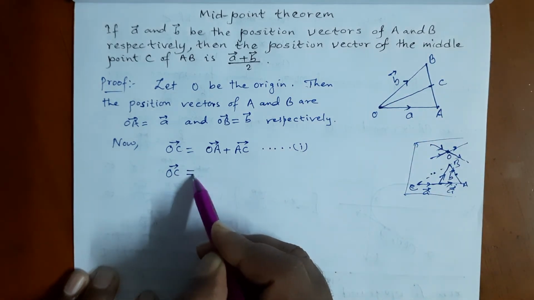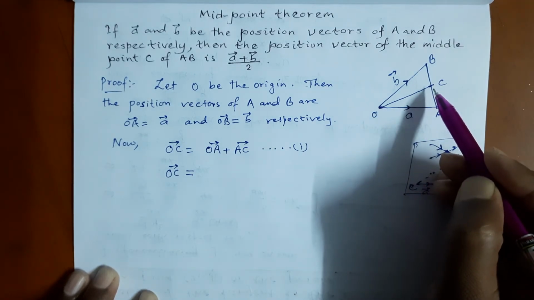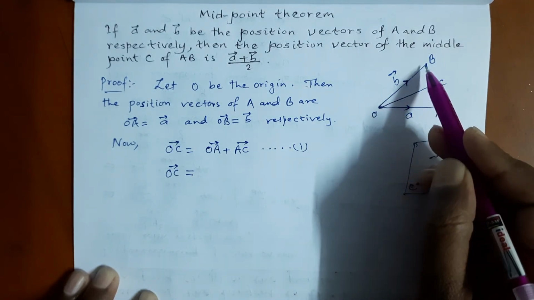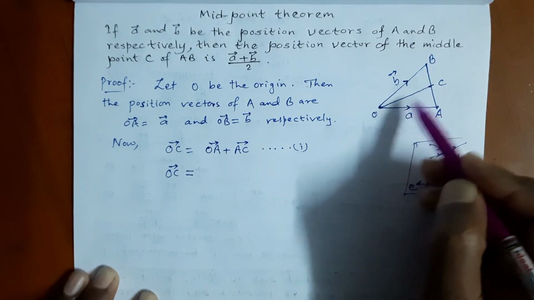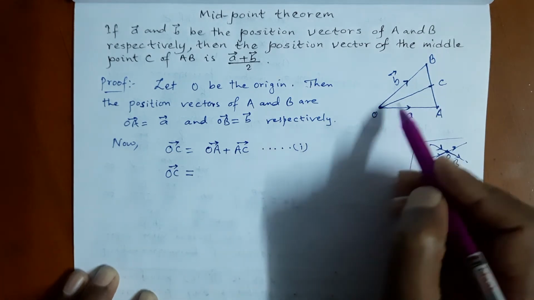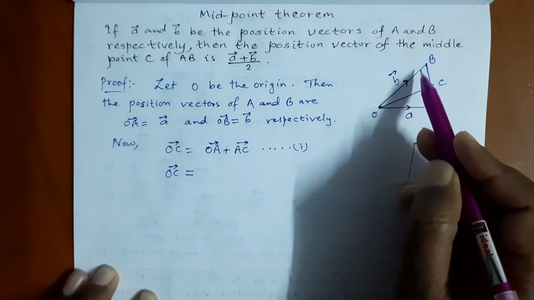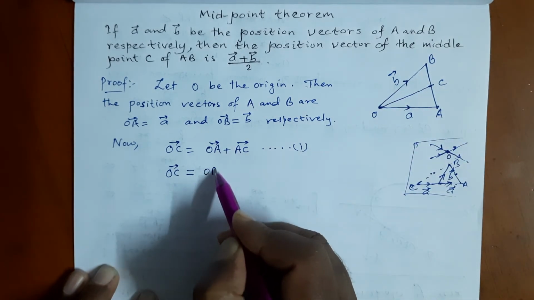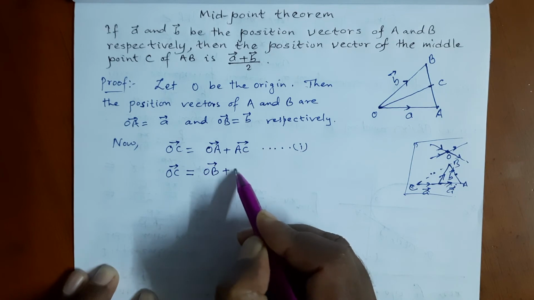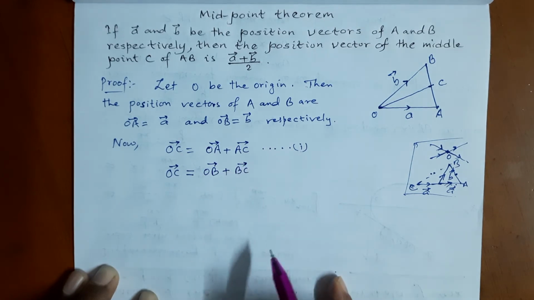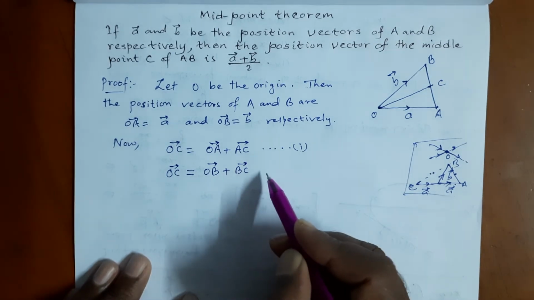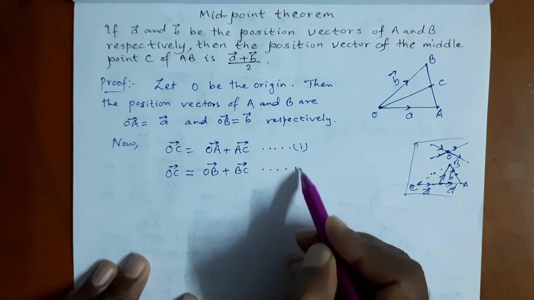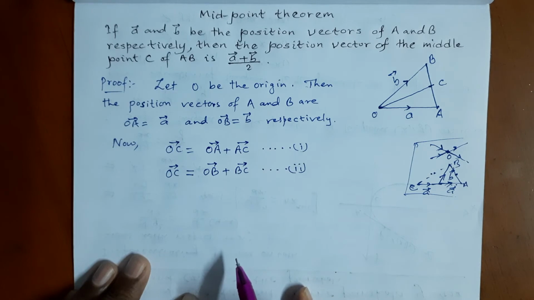In other words, going from O to C is the same as going from O to B and B to C. This is the alternative way of going from O to C. So OC equals OB plus BC. Now you can call this equation 2.